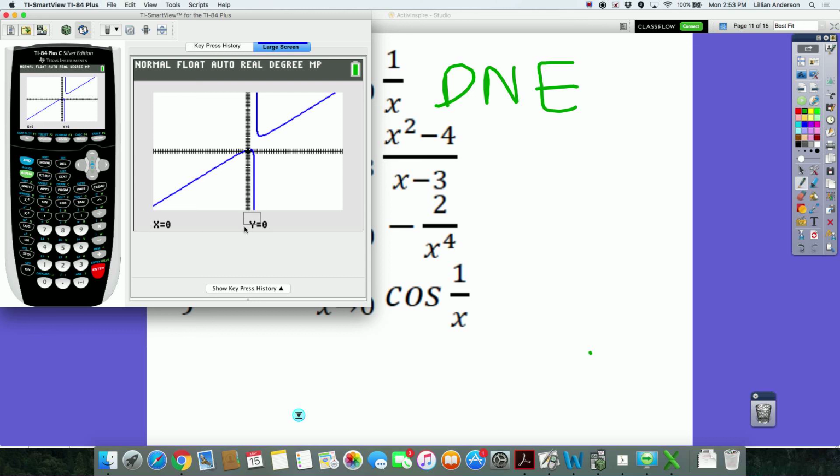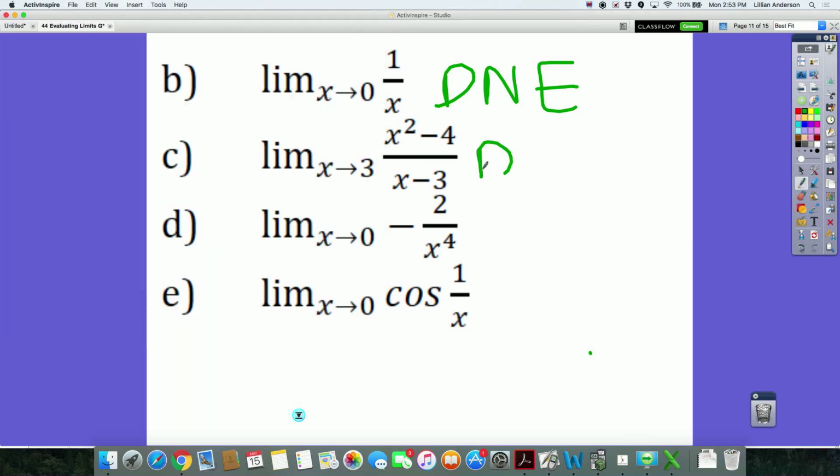It's approaching negative infinity. Approaching from the right-hand side, it's approaching positive infinity. So the limit, DNE. What kind of graph is this? This was a rational function graph. You remember when we did rational functions back in first quarter? We did obliques, slant asymptotes? That was one of those.